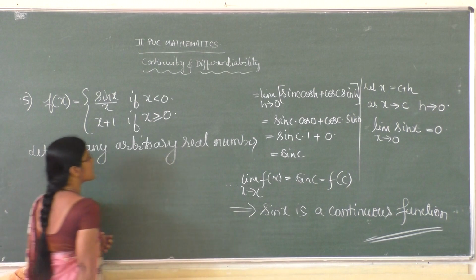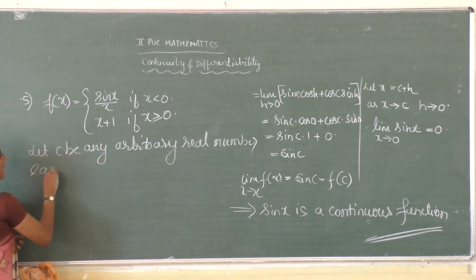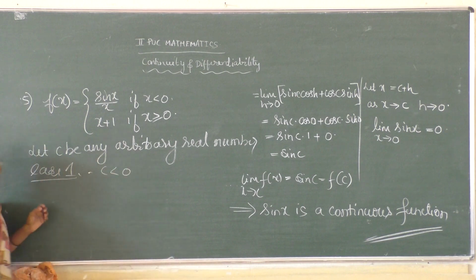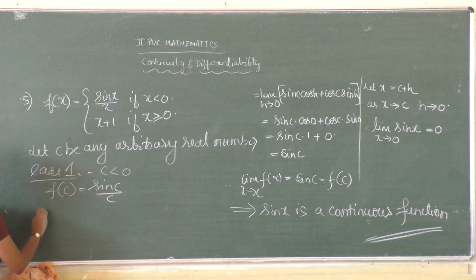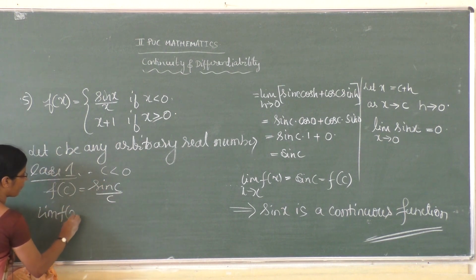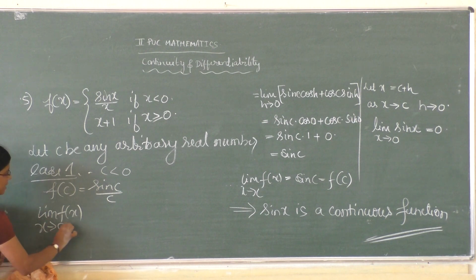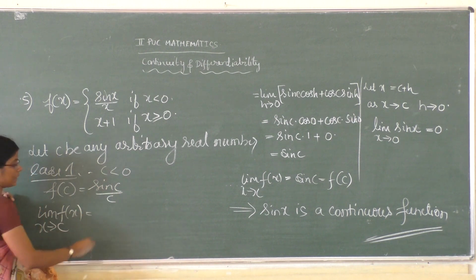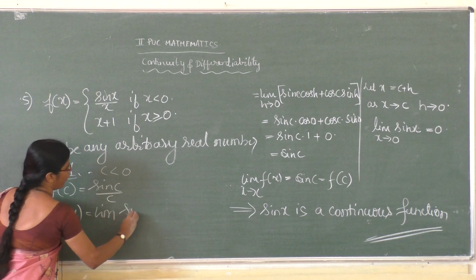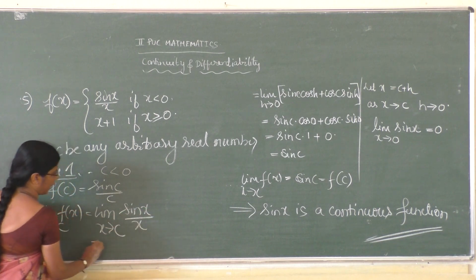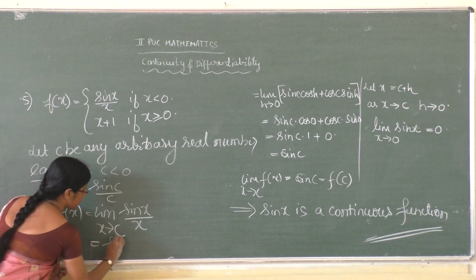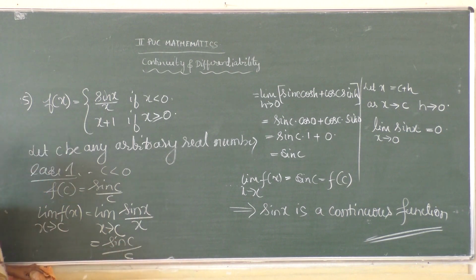Okay, case 1, what we have, c less than 0. When c is less than 0, f of c is sin c by c, and then the limit of f of x as x tends to c equals the limit of sin x by x as x tends to c, and that equals sin c divided by c.